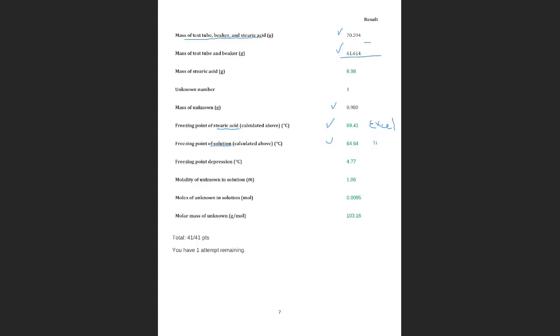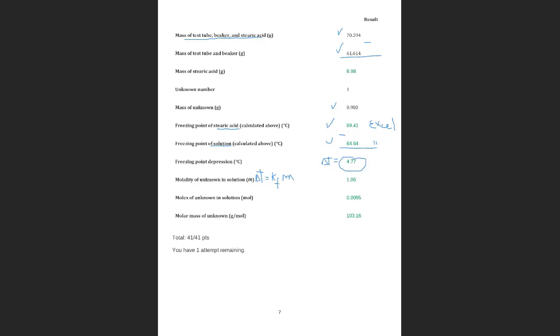And the freezing point depression, which is the delta T, is going to be what? One minus the other, 4.77. You do the difference between the two. And then they will ask you, what is the molality of the unknown? And that's when you have to use the formula. You know that delta T equals the constant times the molality.